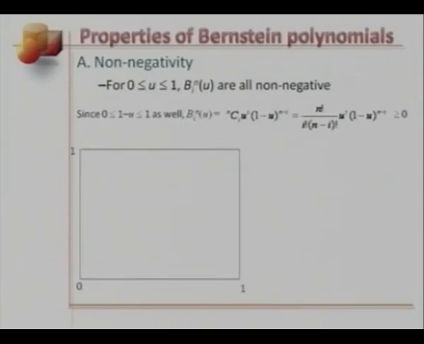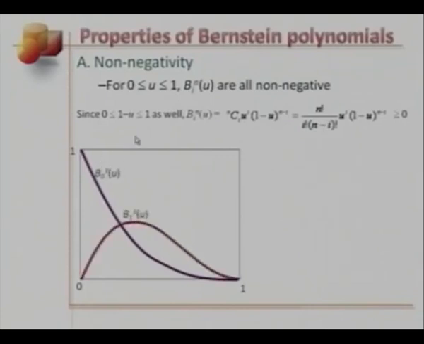Let's look at a few examples. These are the Bernstein polynomials for a degree 3 Bézier curve. This is b sub 0 super 3. This one is b sub 1 super 3. This one is b sub 2 super 3. And this is b sub 3 super 3. You would notice that they are all non-negative.